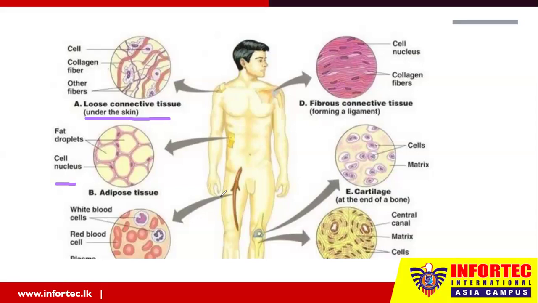When we consider the dense irregular tissues, we can take the dermis of our skin. This dermis of our skin provides us strength in many directions. Then we can take the cartilages.